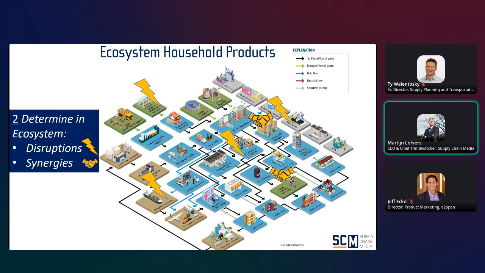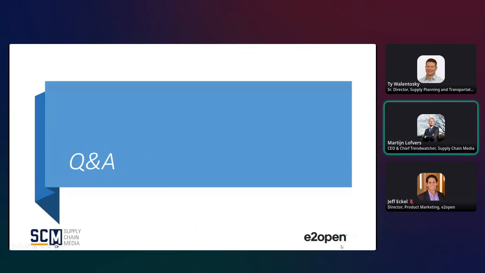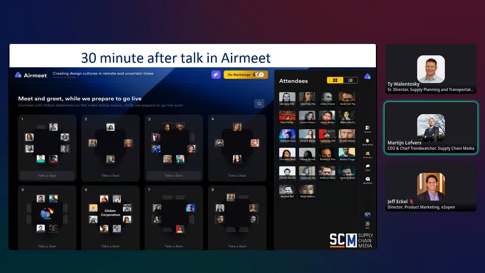All right. It was quite interesting to see. Unfortunately, we don't have any time left for a Q&A, but I think there's a lot of things said between the three of us. So what I would like to suggest right after this, if you want to talk to Ty and Jeff and me, is to sit down in the lounge.